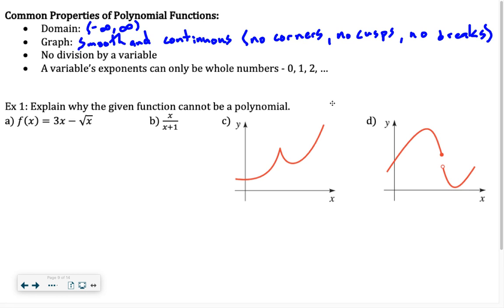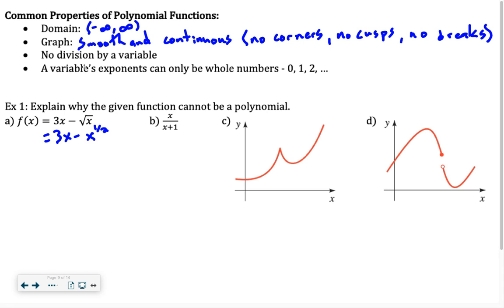So let's look at a few examples that are not polynomials and kind of get a better understanding of these different things here. All right, so in the first two, we're just given functions. I have 3x minus the square root of x. Well, one way to look at this, if we remember what exponents mean, a square root is the same as the 1/2 power.